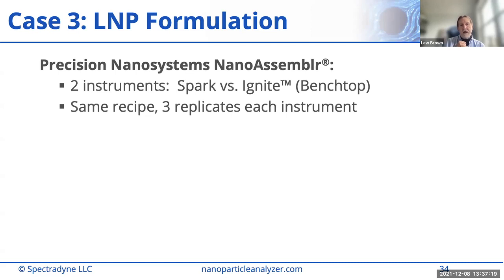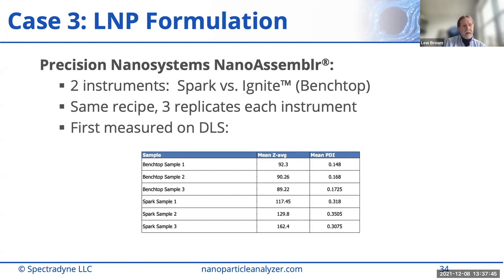So they wanted to find out, well, there are differences in these instruments. Does the Spark produce the same size particles as the Ignite, for instance, or are there going to be some differences? They also wanted to see how repeatable the process was. So basically, you're taking the same LNP recipe and doing 3 replicates on the Spark and 3 replicates on the Ignite in order to study this.